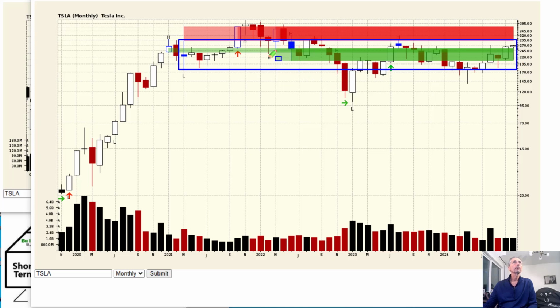Once it was broken down, which was right on this bar, coming back up, it tried to get over it here, was unable, and now it's slowly coming back up to do it again. So that tells you two things. A breakout over this swing point high is going to be critical, because it's not only going to break the swing point high, it's going to tear away this bearish retest region that has held this stock back for almost 4 years.